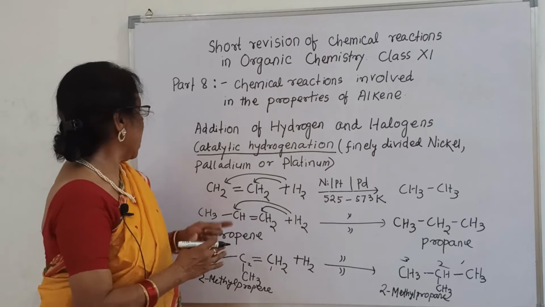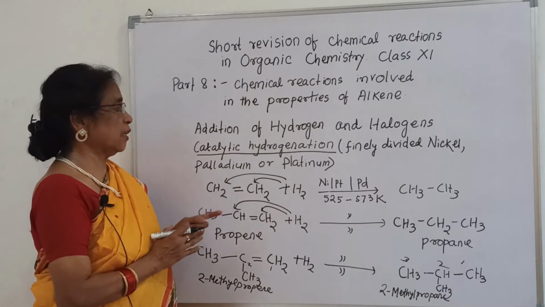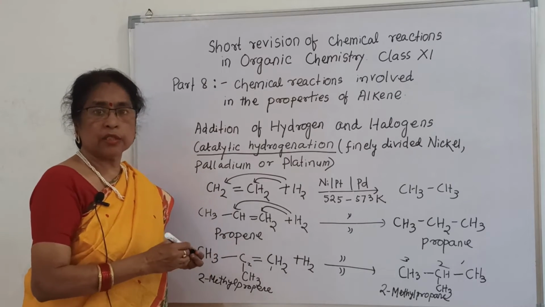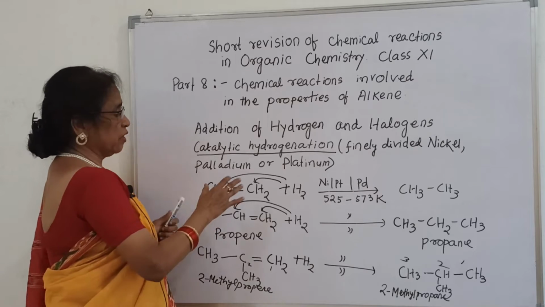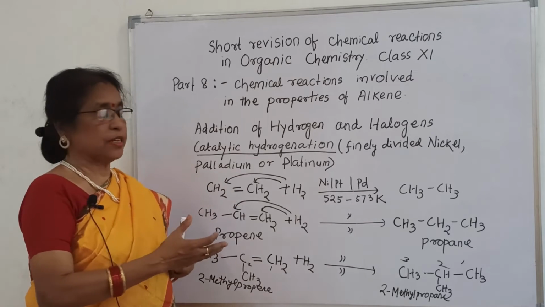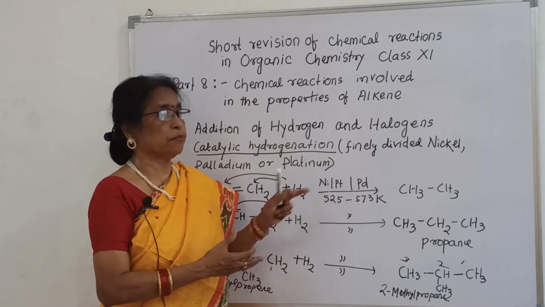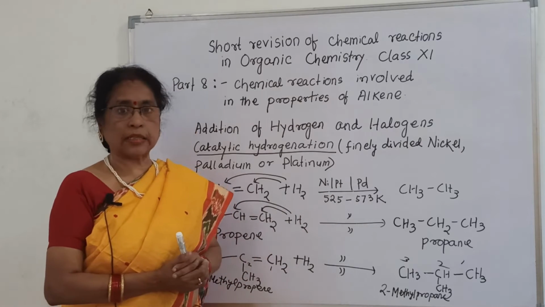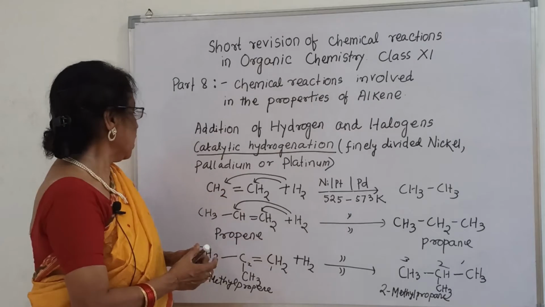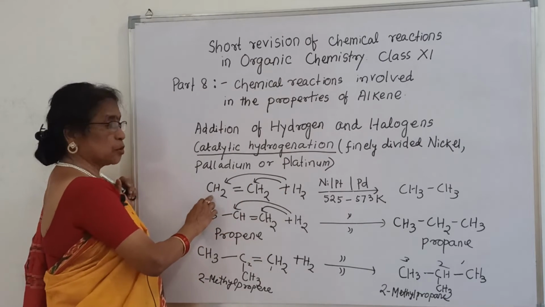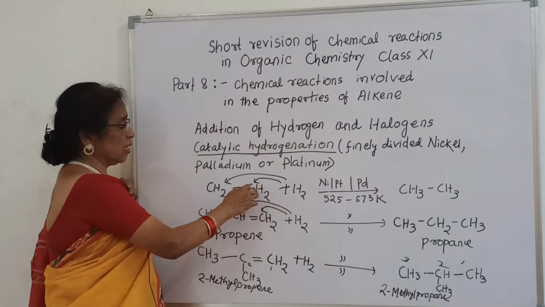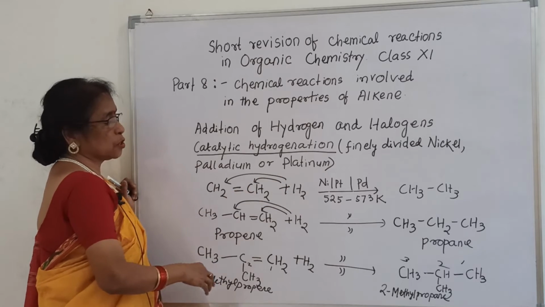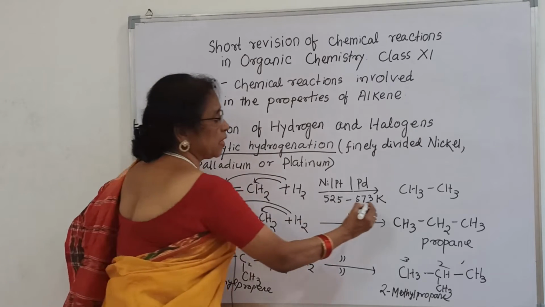2-methyl propane, the parent hydrocarbon is alkane. Again see, catalytic hydrogenation means hydrogen is added in presence of nickel, platinum, palladium, and heat is 525 to 573 Kelvin. Now here one hydrogen comes to this carbon and one hydrogen comes to this carbon, changes to ethane. So what is the name here?